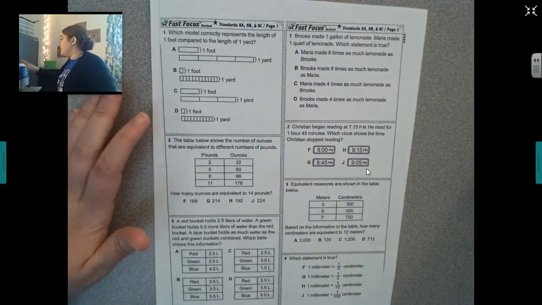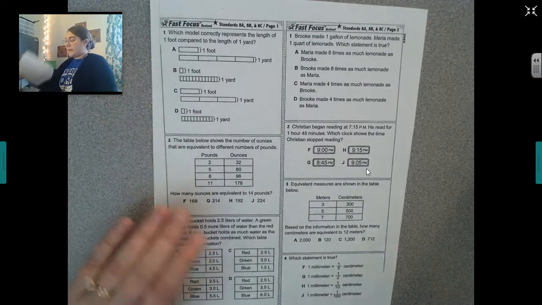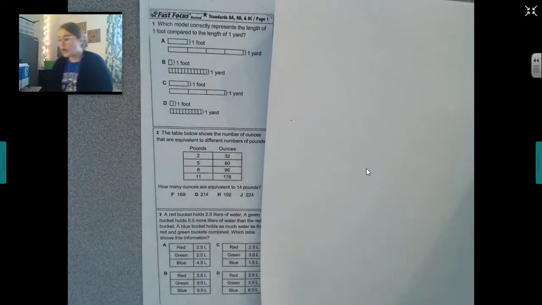All right, so let's go ahead and try a few problems on our own, and then I'm going to let you do it by yourself. So here is a fast focus that we have been doing for the past little bit. They are going to try to confuse you.